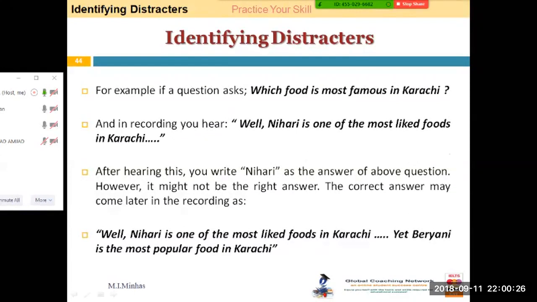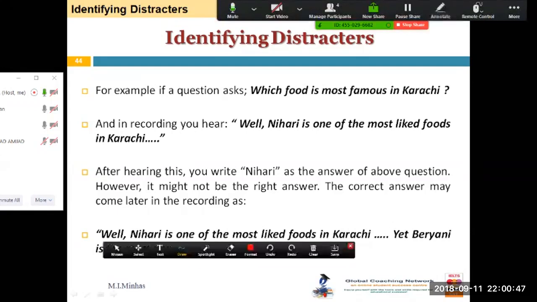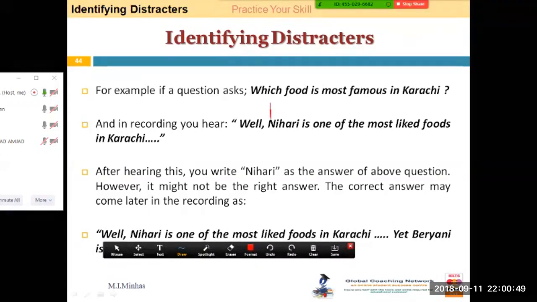And then you listen to the recording. And in the recording, it says that, well, this is Nihari, you may not understand it, but well, let's make it pizza. Well, pizza is one of the most liked foods in Somalia. Now, this may tempt you to write an answer pizza, and you may ignore what this speaker says afterwards.